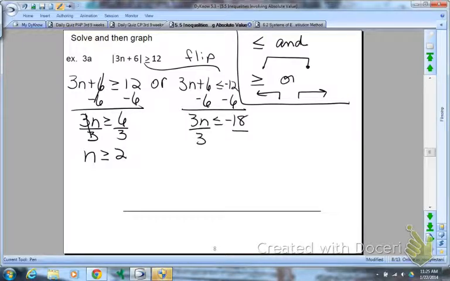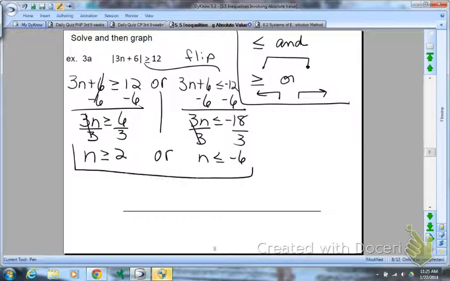Divide by 3. n is less than or equal to negative 6. Bring down the word "or." Do not forget to bring that word down. This is your answer. Remember, "ors" are two separate equations. We cannot put them in a combined inequality. We have to graph, and they better be going in opposite directions.